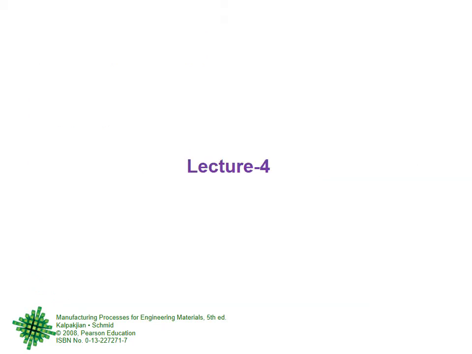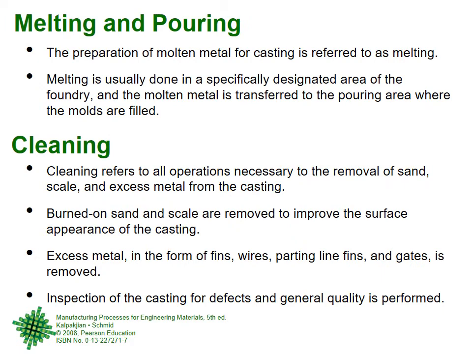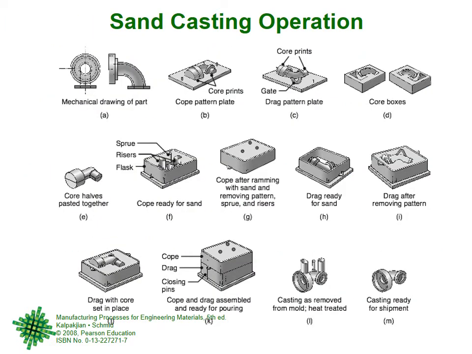So let us see what we covered last time. We were in the steps that are required during casting. So after pattern making and so on, we talked of then melting and pouring, then cleaning. And then here, with this huge, very nice big diagram and an example of a complicated casting, all the sand casting operations, we discussed in a lot of detail.